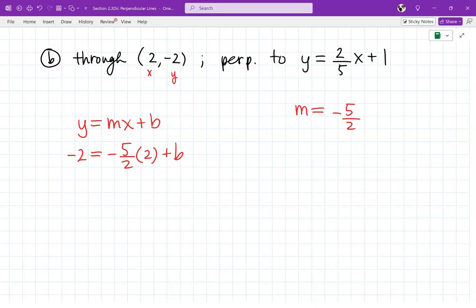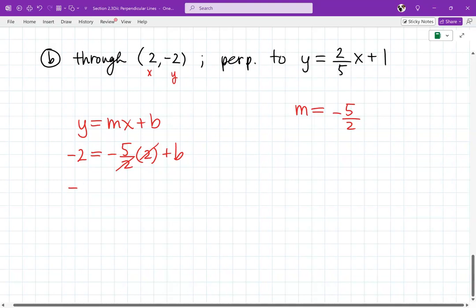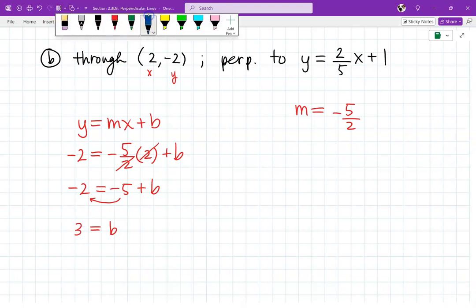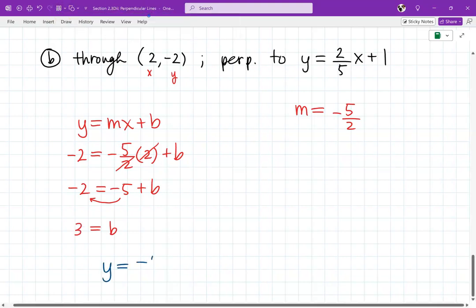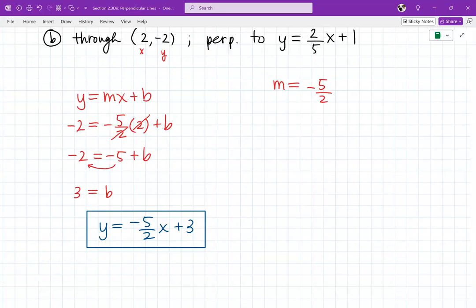So that becomes -2 is equal to -5 plus b, and if I move the -5 over, what's b equal to? 3. So my answer: y equals -5/2 x plus 3. And these are perpendicular.